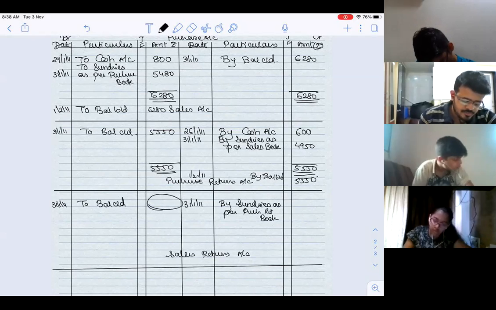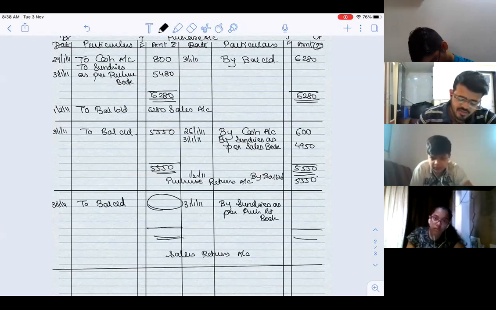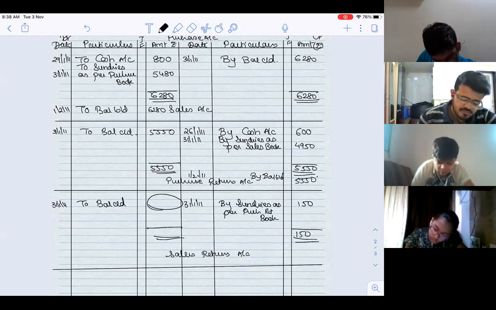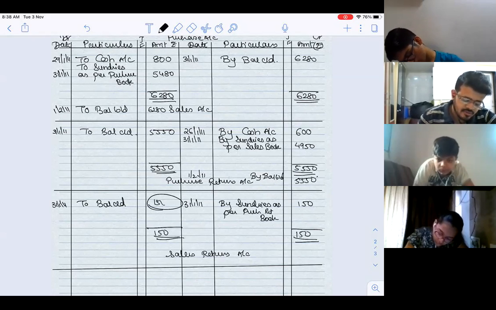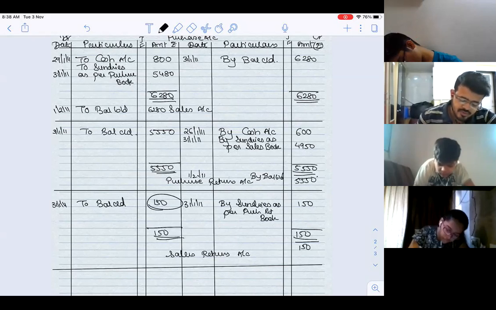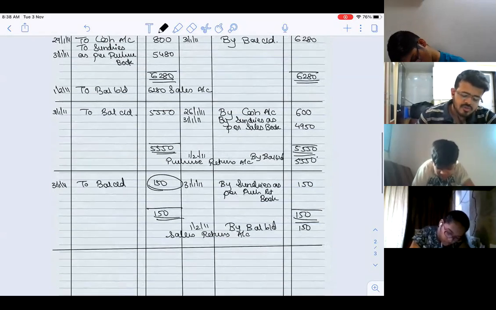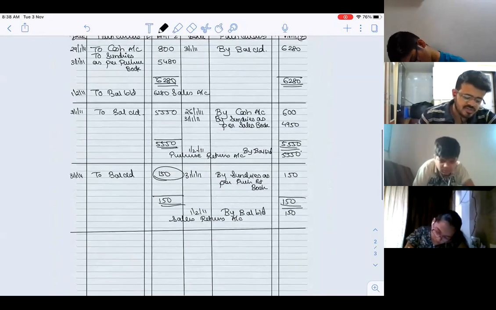What is the total of purchase return? 150. That is the total, and done. 150 becomes by balance b/d on 1/2/11. What about sales return? What is the total of sales return?